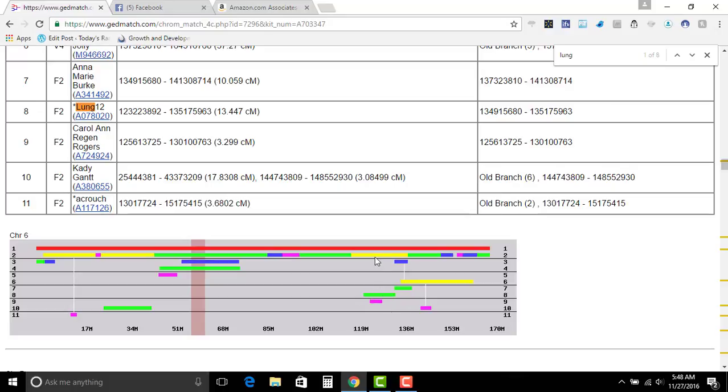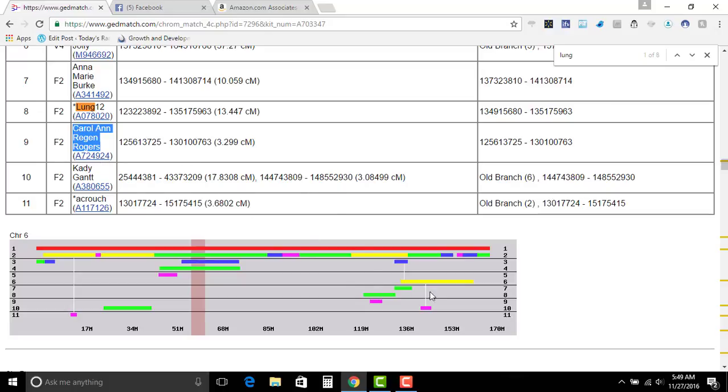Now I know the first line is my son, the second line is my aunt, then the third line is Long, and the number 9, the fourth, comes up to this person, number 9.